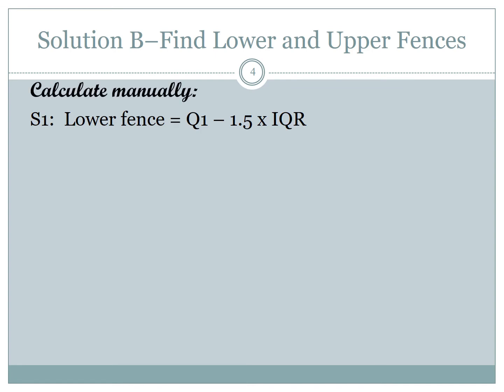The next thing is we are going to calculate the lower and upper fence. Well, let's define them first. The lower fence is Q1 minus 1.5 times the IQR. The IQR is the interquartile range. So the interquartile range is the difference between Q3 and Q1.